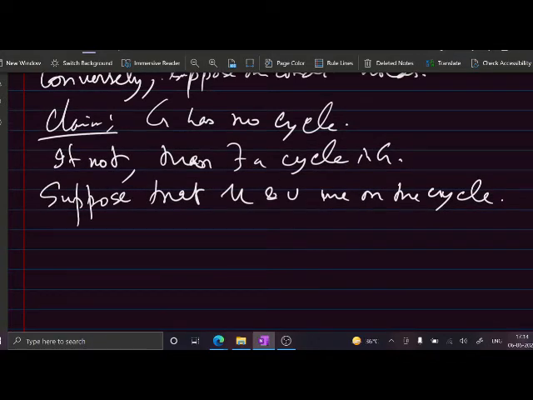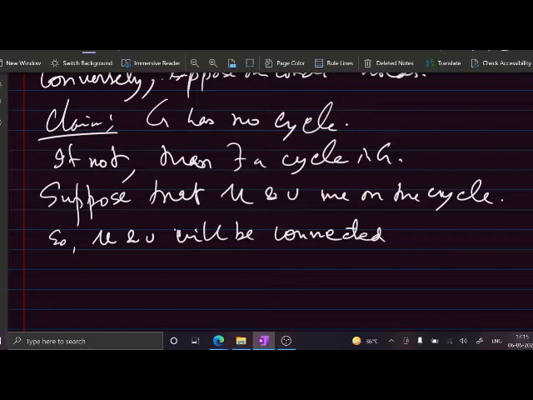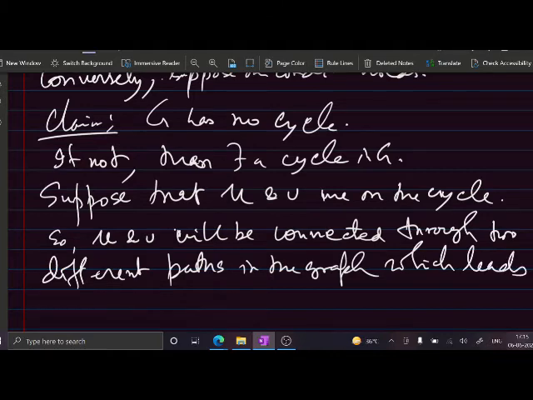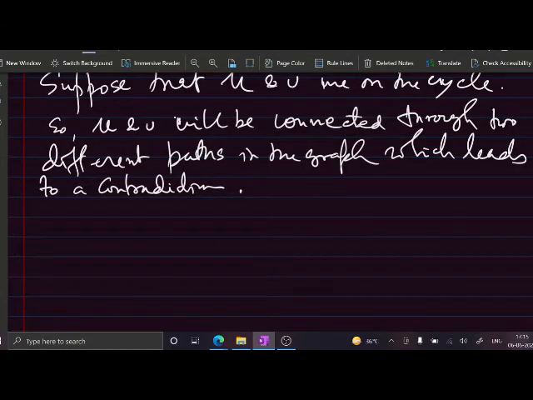Since u and v are on the cycle, u and v can be connected through two different paths in the graph, which leads to a contradiction to the hypothesis. Okay, so this completes the proof.